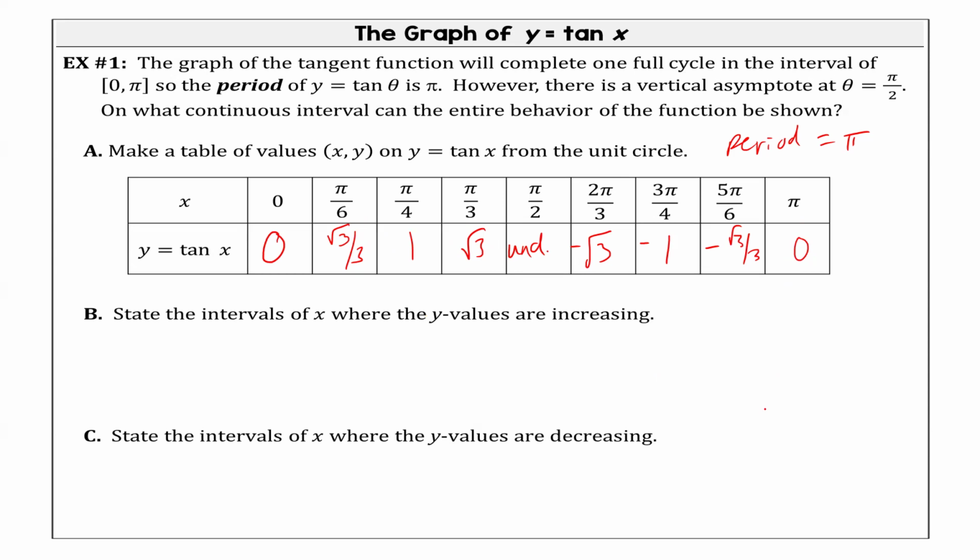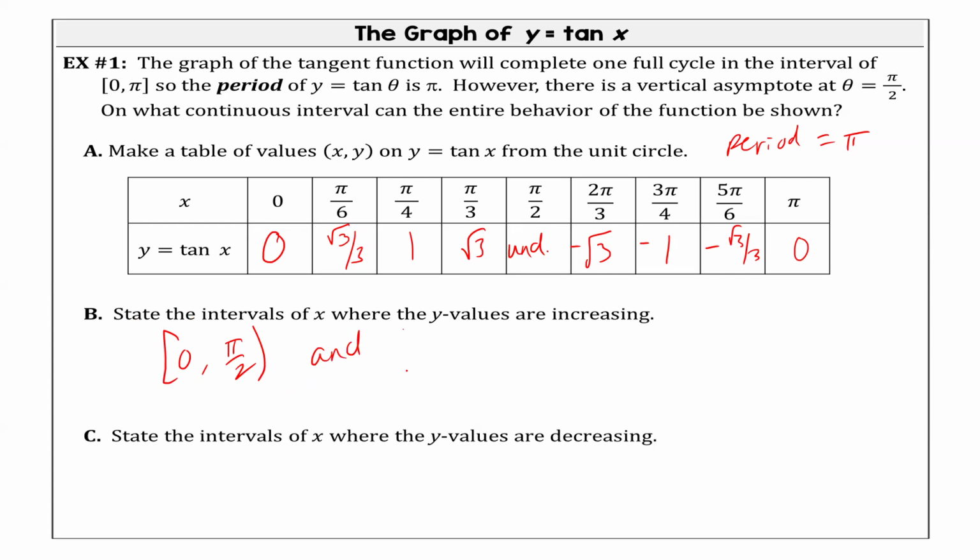So it says determine where we are increasing. 0 to pi over 3. So we're increasing from 0 to, it's technically pi over 2, just not equal there, right? So we're increasing from 0 to pi over 2, but it's not a bracket, it's a parenthesis. Does that make sense? Because we're not included. And where else?